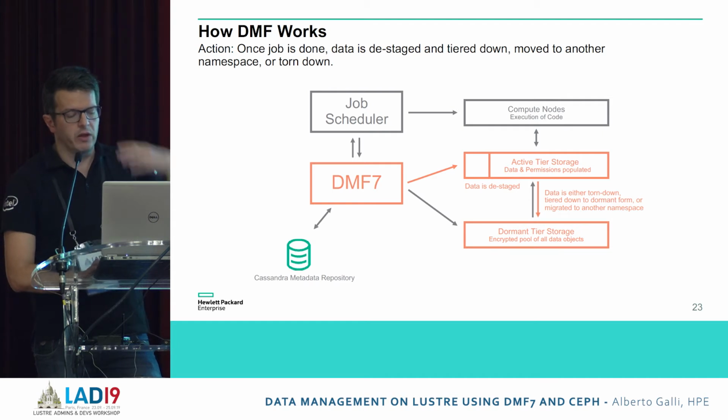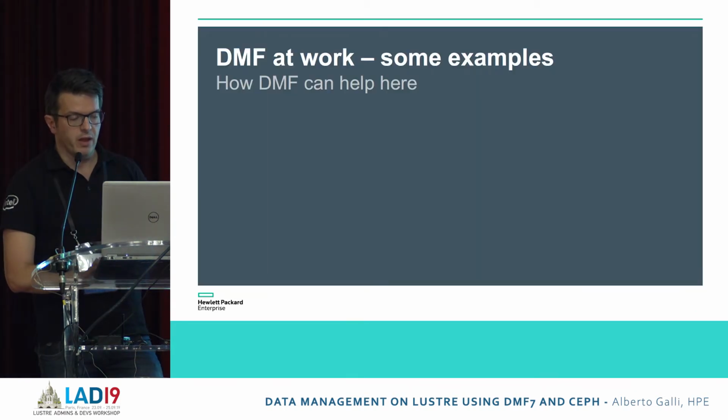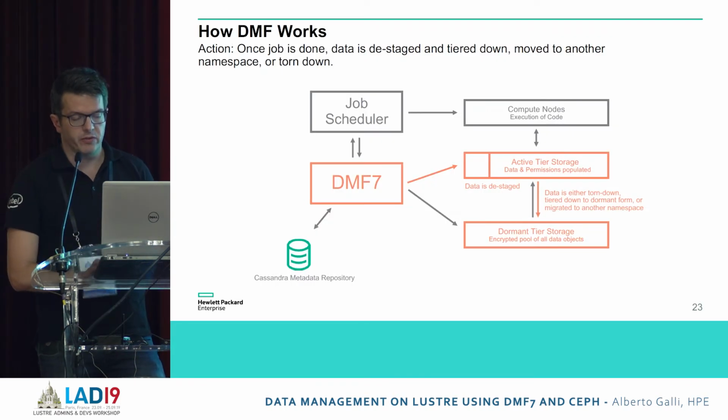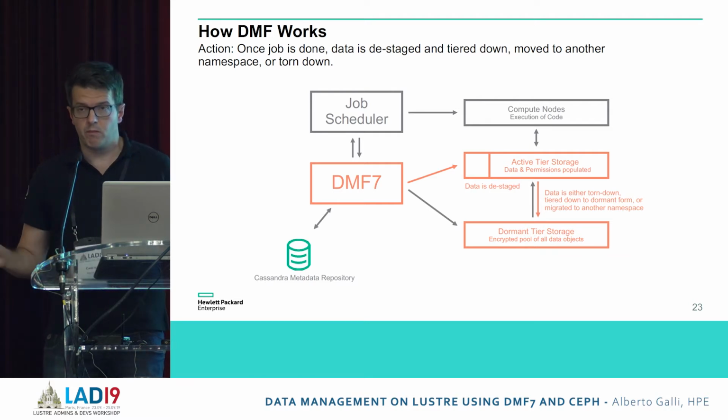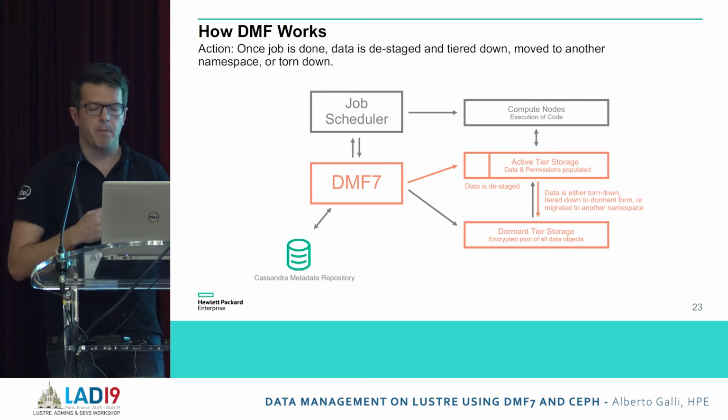Let's say it's Slurm. It will run the job on that, and when the job is finished, we'll just move the data back to the backend file system, all in an automated way. That allows you to have a file system that is almost empty, depending on the job you want.